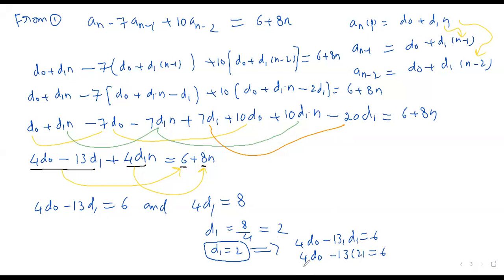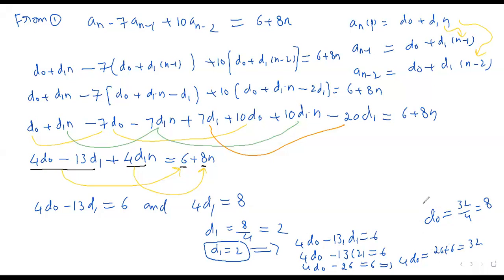If you simplify this, 4d0 minus 26 equals 6. Then this can be written as 4d0 equals 26 plus 6, that equals 32. Therefore, finally, d0 equals 32 by 4, that is d0 equals 8. Okay, have you observed how to find this d0?